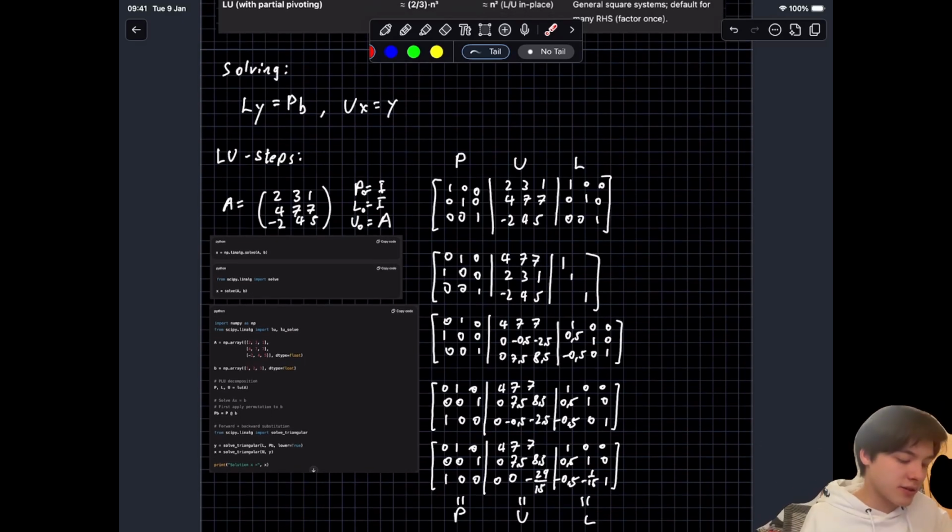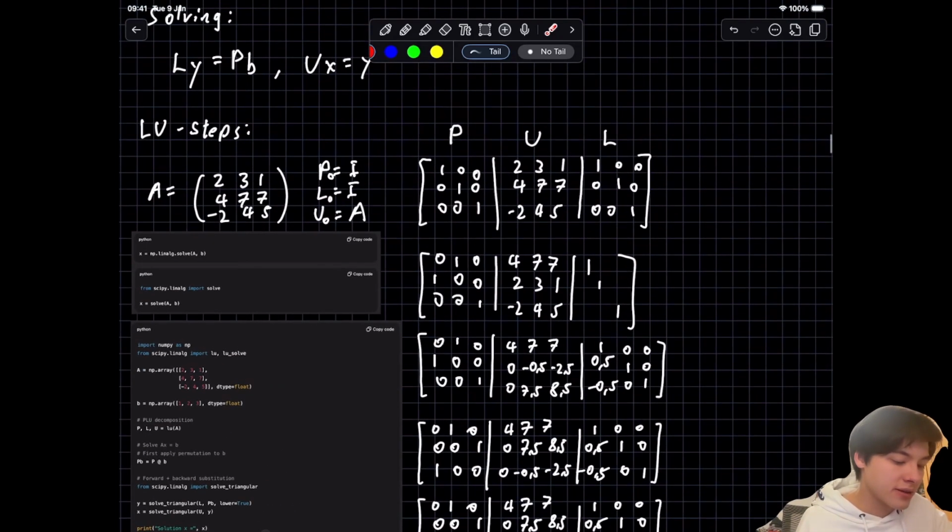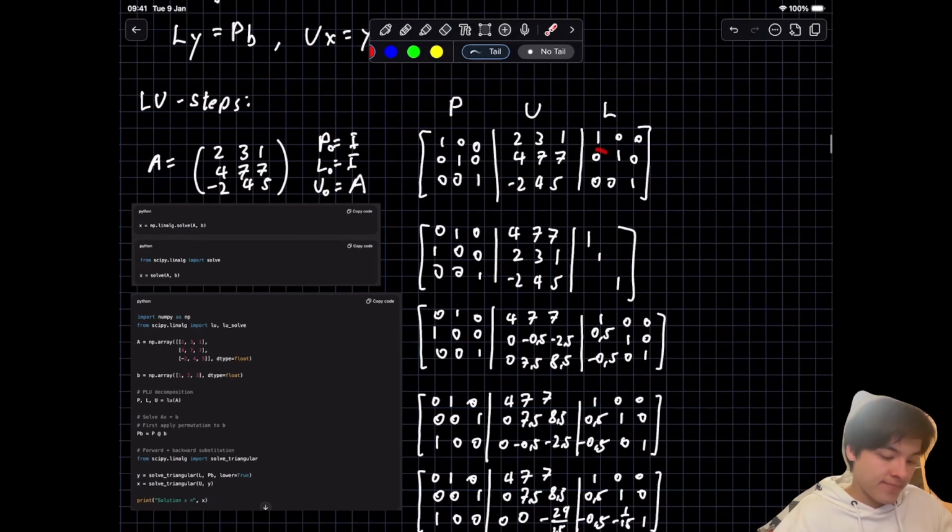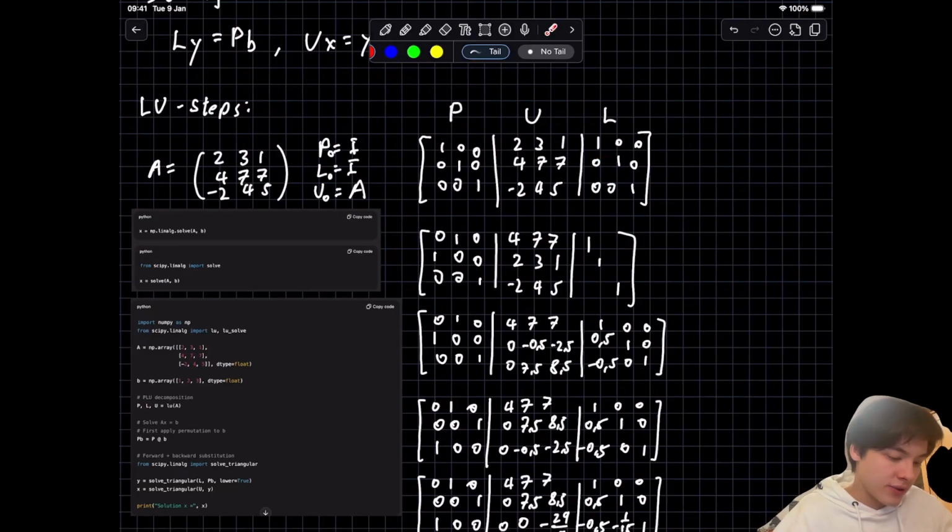So let's look at an example where our A is this. We start off with P as the identity, L as the identity, and our upper triangle as A. As the first step, we want the biggest pivot on the top. So we switch these two rows, which is visible here in the permutation matrix.